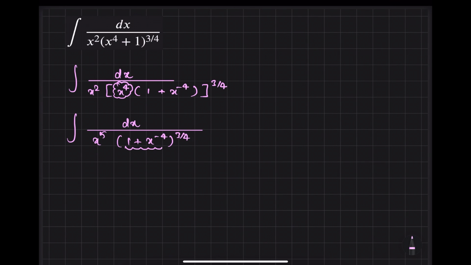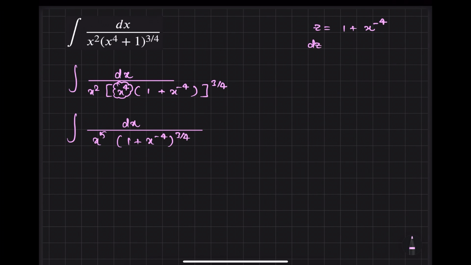Now easily, if you observe this, if you take that thing as z, 100% on the denominator you will have increased power. Correct? So we will take z as 1 plus x power minus 4.